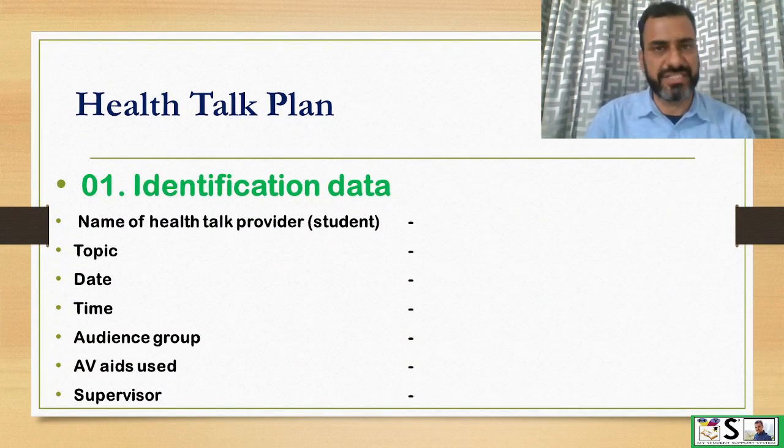First you will write identification data, in which you should include the name of the health talk provider, the student nurse, the topic on which you are going to provide health education, then the date on which you will give it, then time, audience or group, which audience, the patient's relatives in the ward or a group of mothers in the community health center, etc. You can select. AV aids used or you are going to use, then you write their names as poster or charts or pamphlet, anything. And then the supervisor, who is going to supervise you.